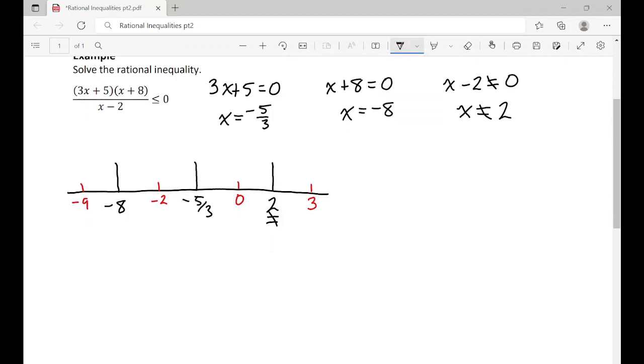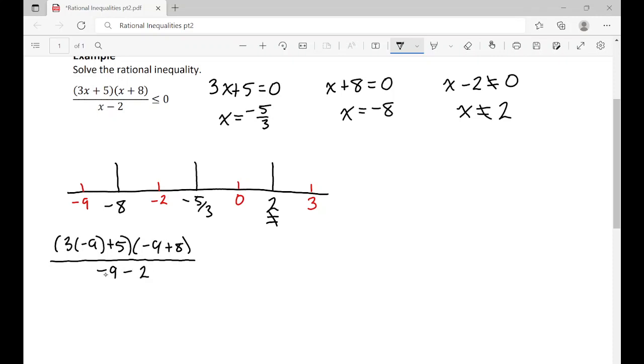So now I'm going to take all four of these, plug them into my inequality, and see what's true and what's not. Negative 9 first. I'm going to have 3 times negative 9 plus 5, negative 9 plus 8, divided by negative 9 minus 2.